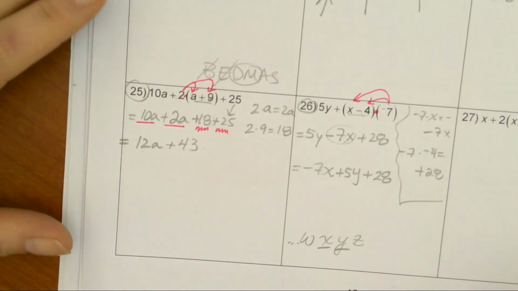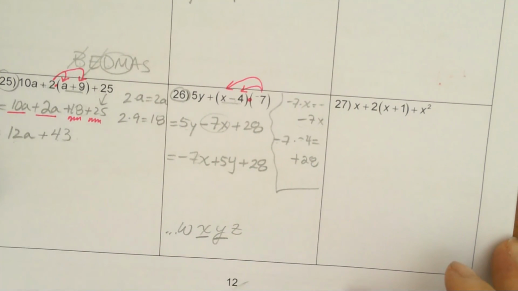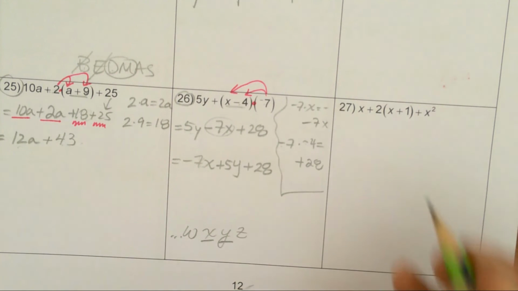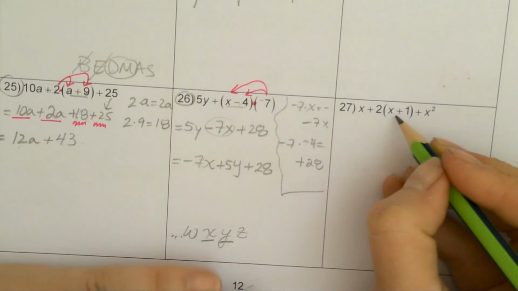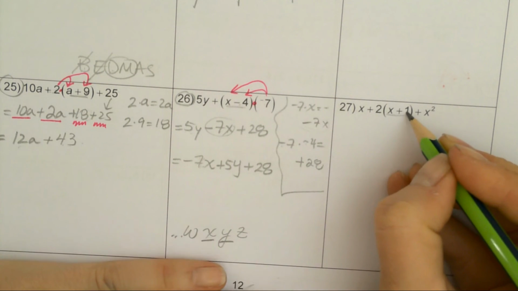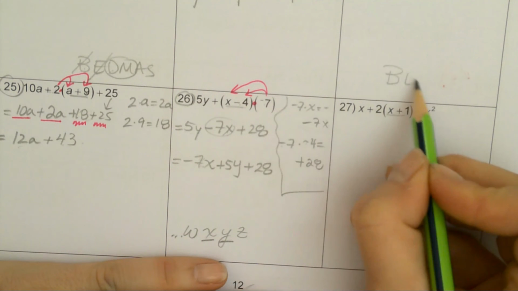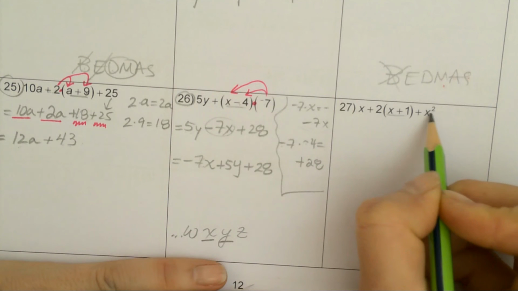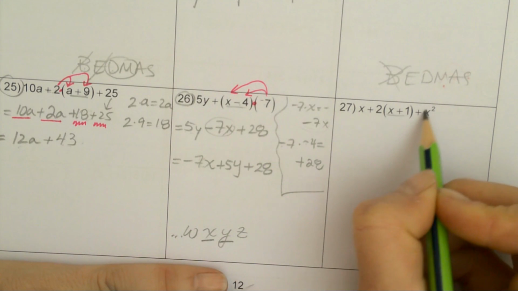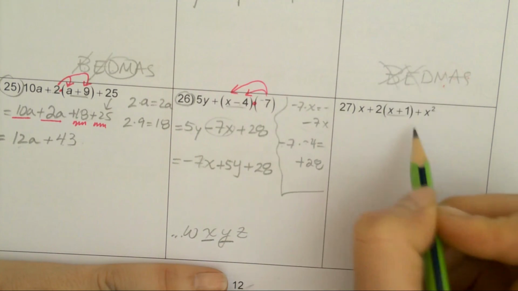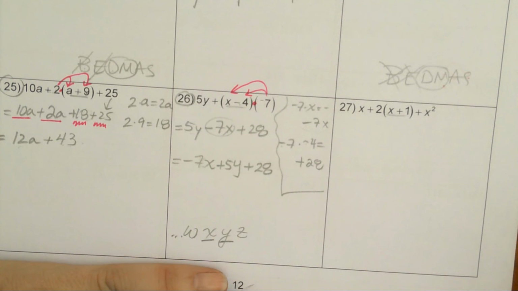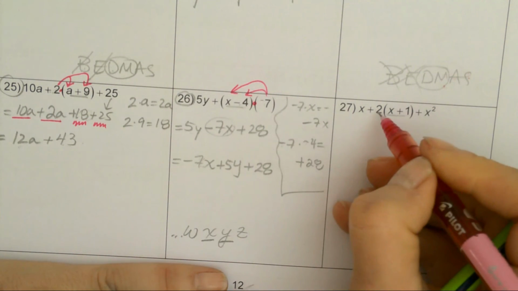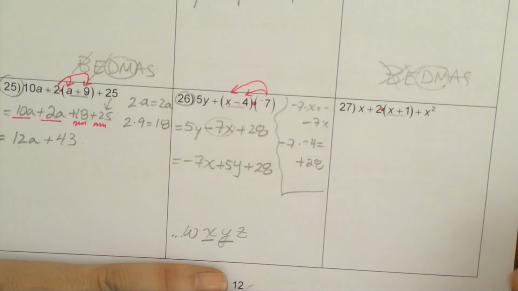Okay, so now let's do the last question. Inside my brackets? No, because that doesn't have an x. That's right, BEDMAS. Exponents? Yes, I have an exponent here, but I can't do anything with it. So, no exponents. Divide and multiply? I don't see any, but the number touching the bracket means there's a multiply hiding.